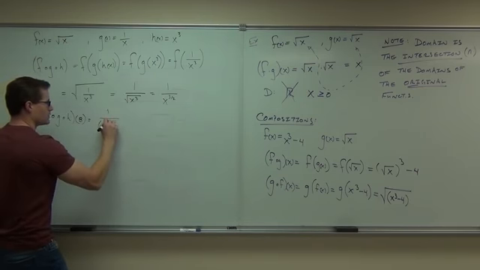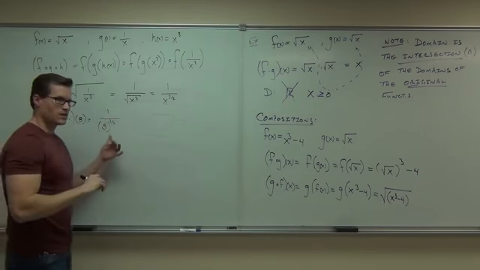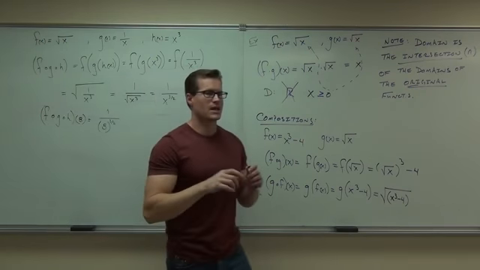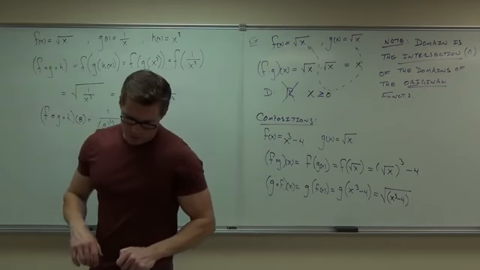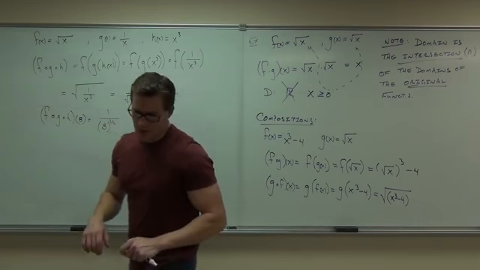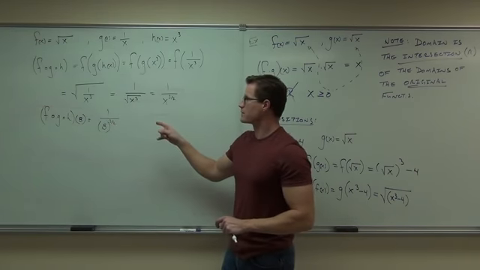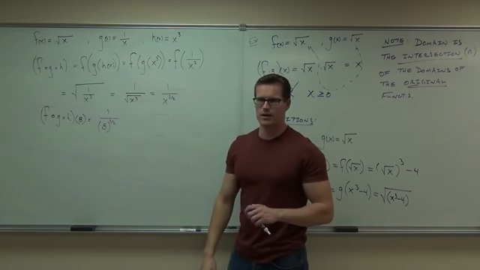8 to the 3/2. By the way, the easy way to do these without a calculator, take, oh wait, did I give you the wrong one? No, I didn't, that's fine. I guess you would just plug it in your calculator. What do you get out of that?